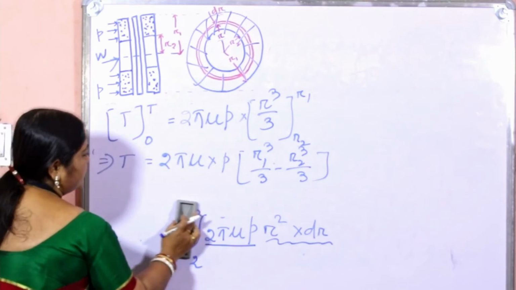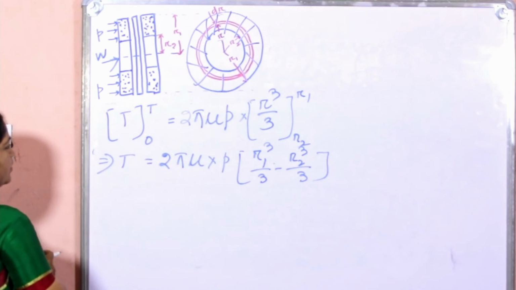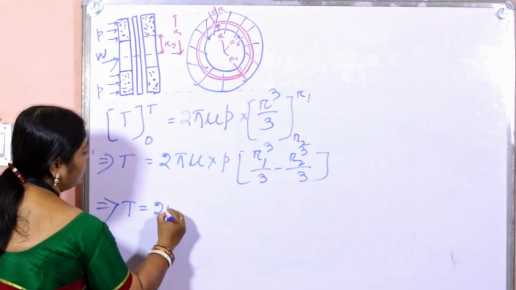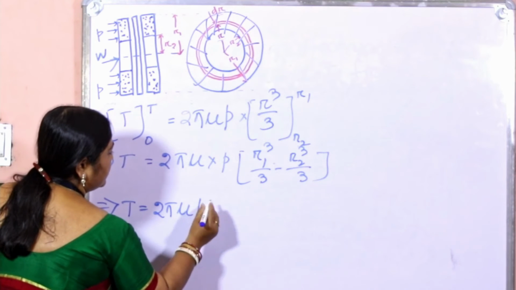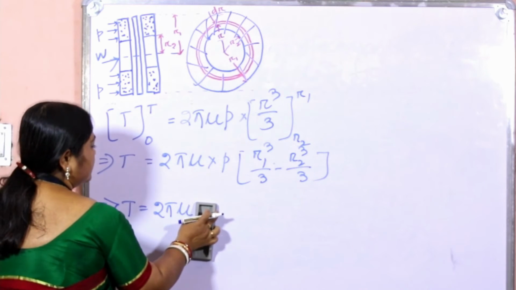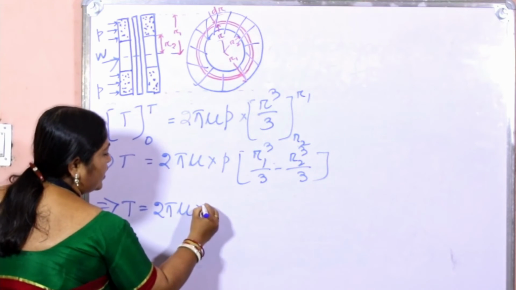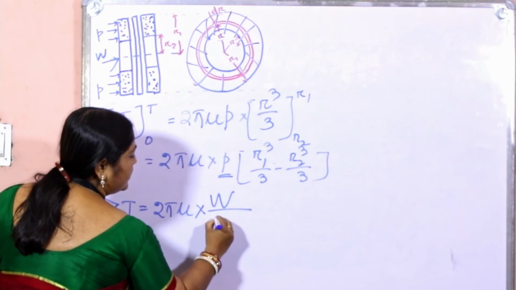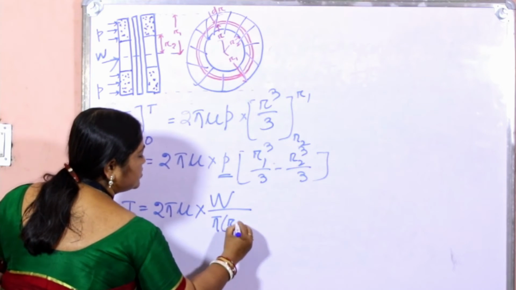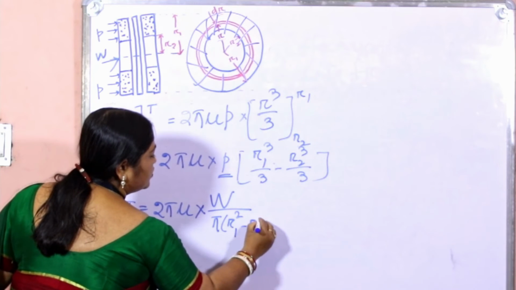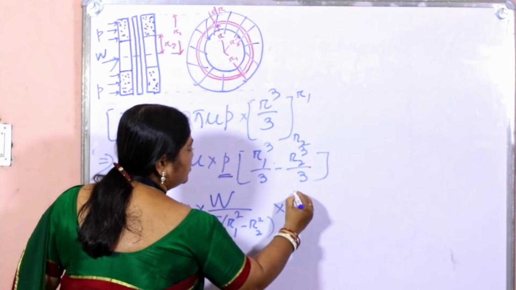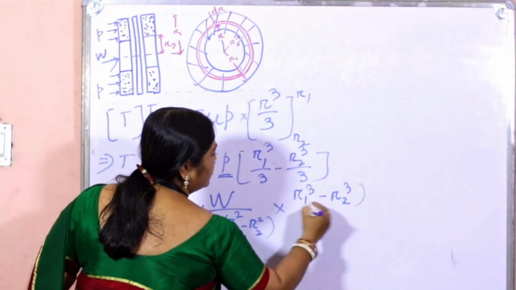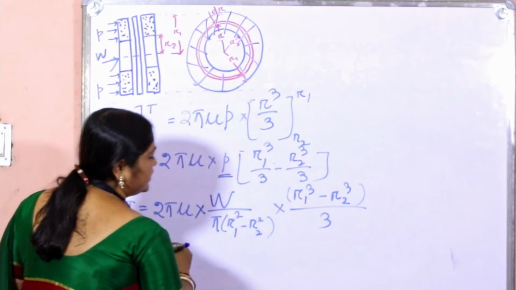Okay, just I am putting the value of p now. It implies that t is equal to 2 pi mu, in place of p, see from equation number 1, what we will get for p? W divided by pi r1 square minus r2 square. Okay, into here it is r1 cube minus r2 cube, then LCM is 3.